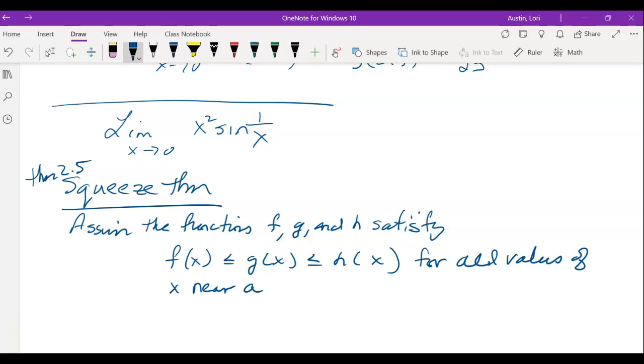Remember, we're just getting near our a value. It doesn't have to be at a. Okay, so here's the theorem.